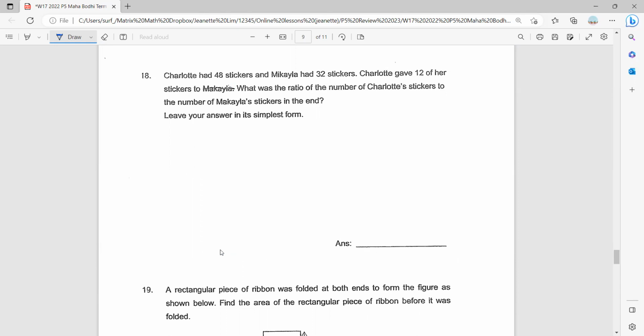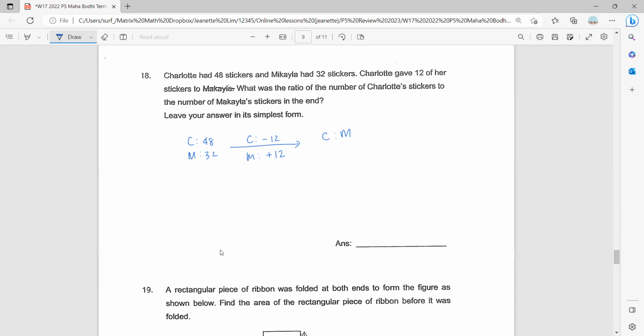Charlotte had 48 at first. Then Michaela is 32. There is a change, there's a transfer. Charlotte transfers 12 to Michaela. And in the end, the ratio is what we're trying to find.